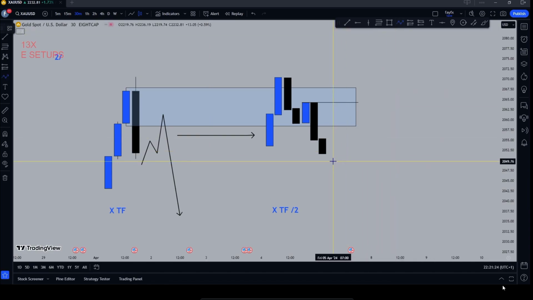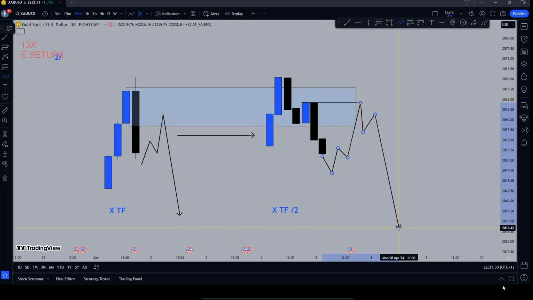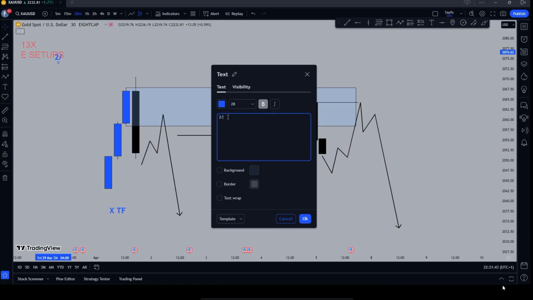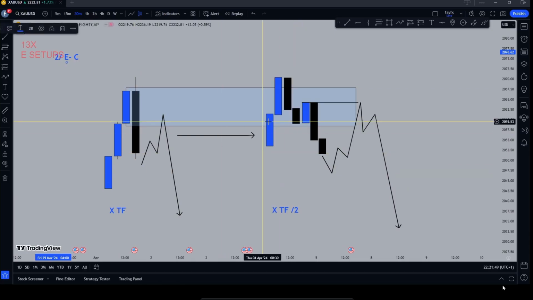Price will go to this exact area before it drops down. This is the second type of engulfing candles. We call it engulfing classic fresh.